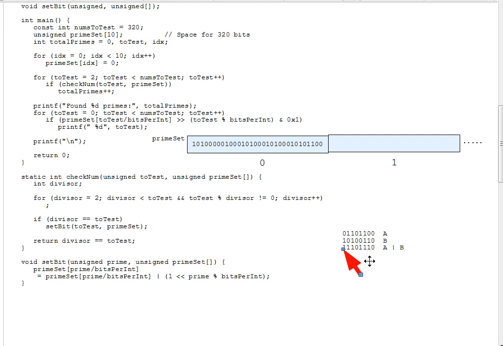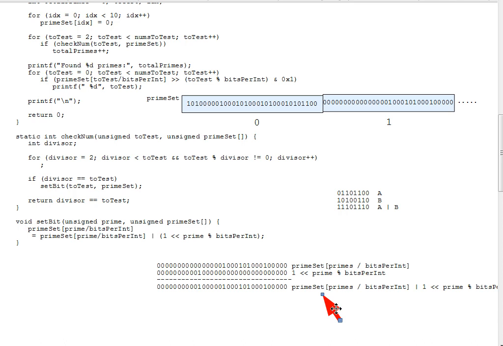Say, for instance, that prime is 53. Then, per the modulo rule, we'd be dealing with bit number 21 in prime set number 1. Let's assume that prime set 1 already has 1-bit values turned on for primes 37, 41, 43, and 47, as shown now in the diagram. The two operands would then be as shown here.